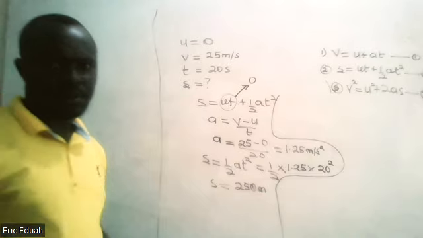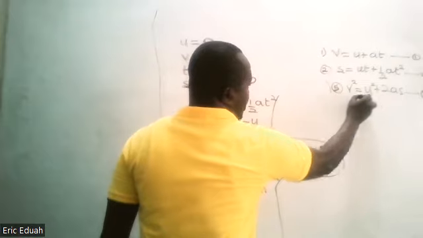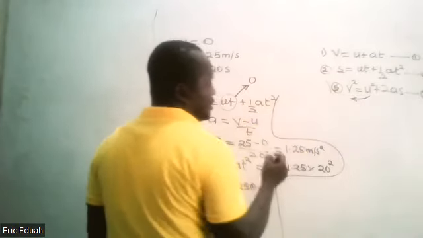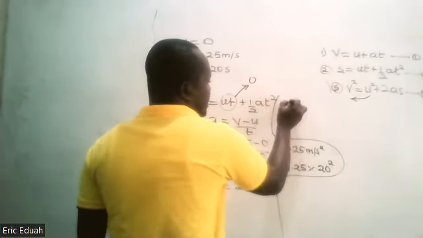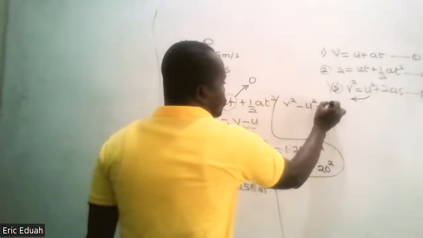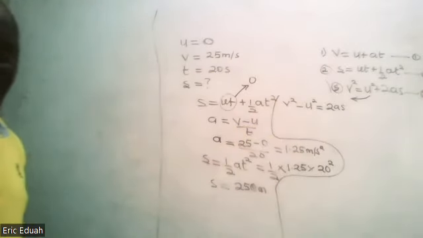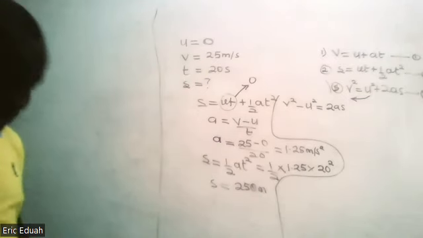V squared. So first you have to send v squared to the other side of the equation. So you have v squared minus u squared is equal to 2as, isn't it? Yes. And what again will you do?